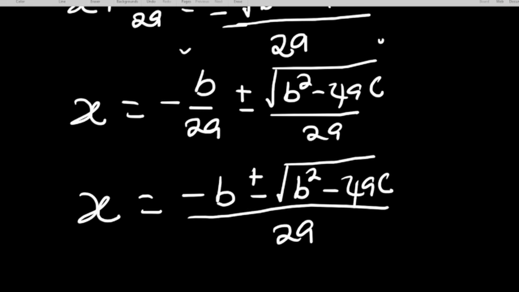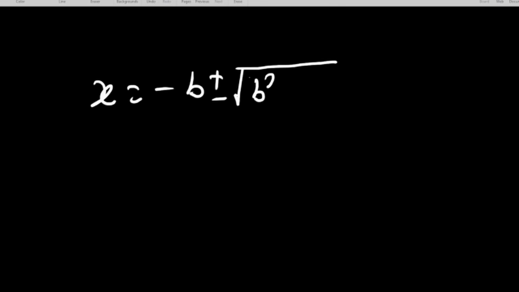Let's now go ahead and look at the discriminant. So the discriminant is simply what you have in here, which is b squared minus 4ac. The discriminant, let's say in this formula, x is equal to negative b plus or minus the square root of b squared minus 4ac all over 2a.